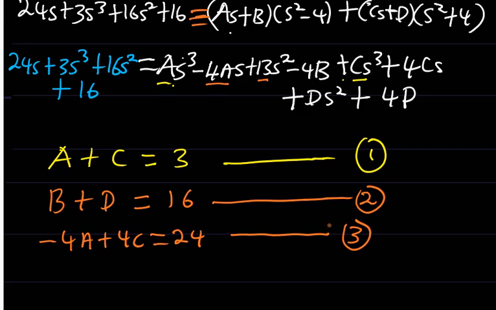Now, if I consider the constant, minus 4b, of course, plus 4d is equal to 16.